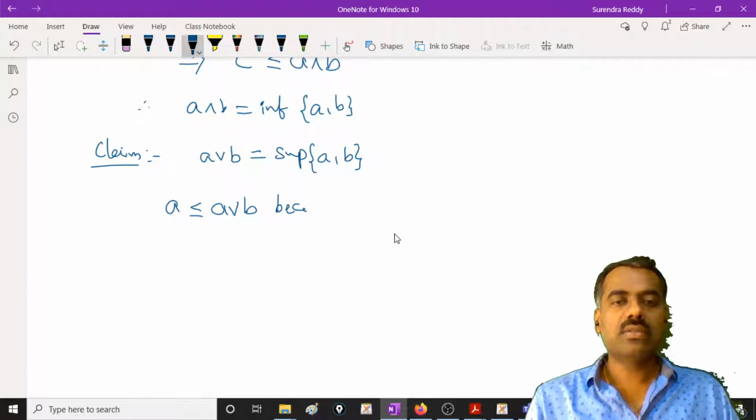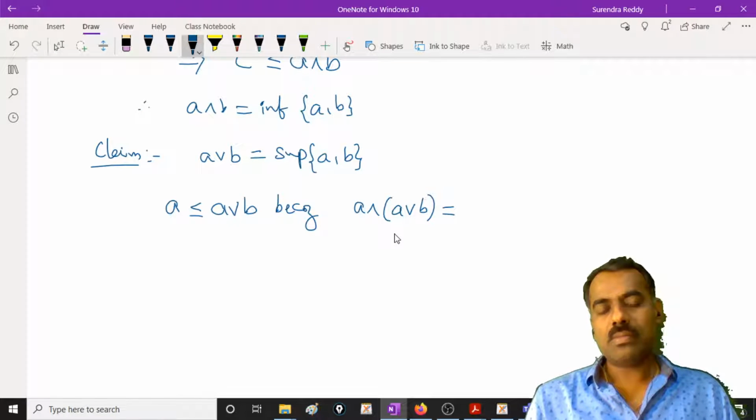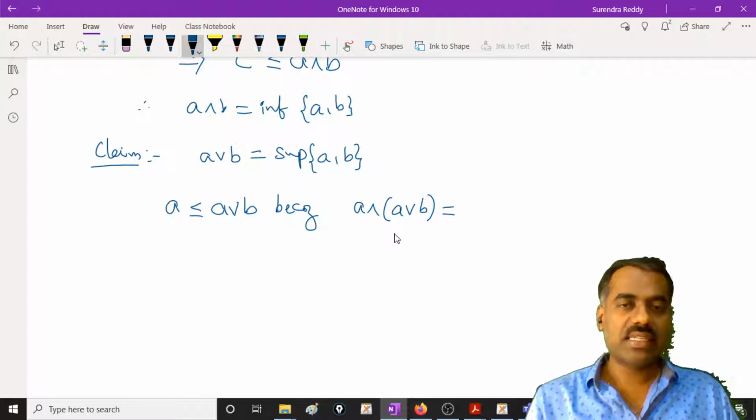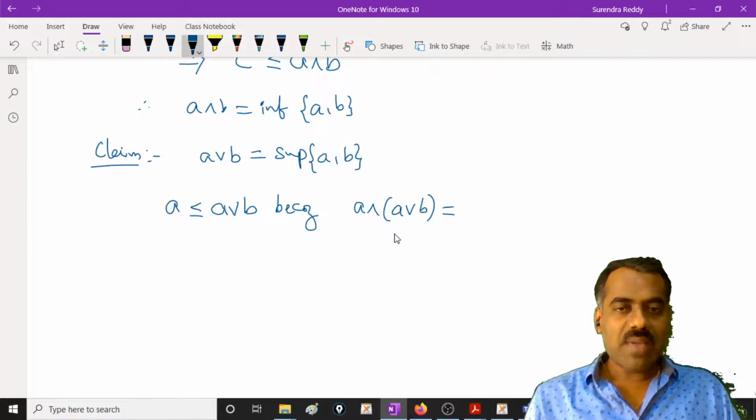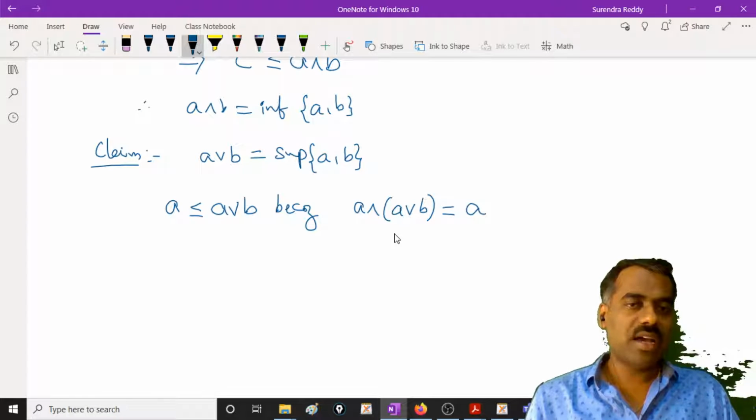Because when you try to meet these two elements, what do we get? This is an absorption law. By absorption identity, A meet (A join B) is nothing but A, by the absorption property. Are you following?